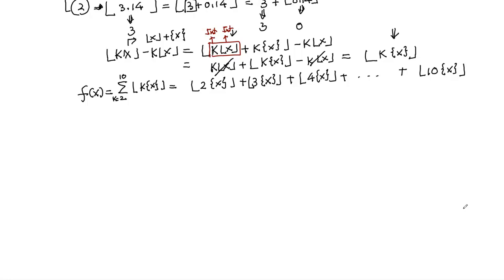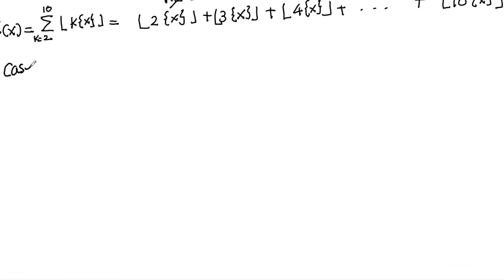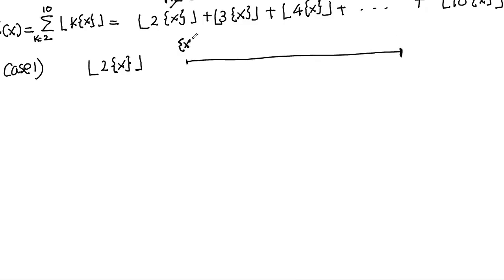Case 1: how many different values are there? The decimal portion is from 0 to 1, not including 1.